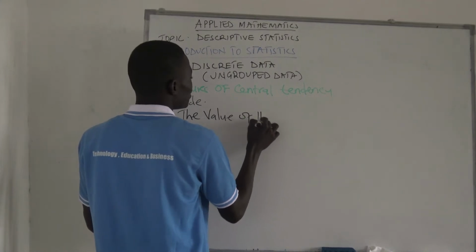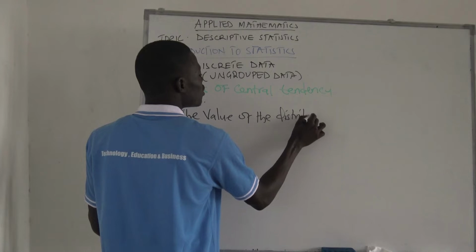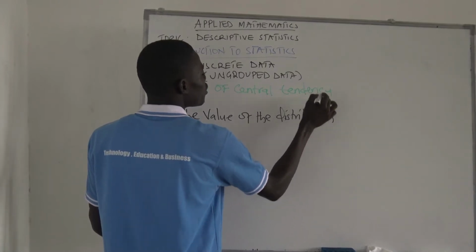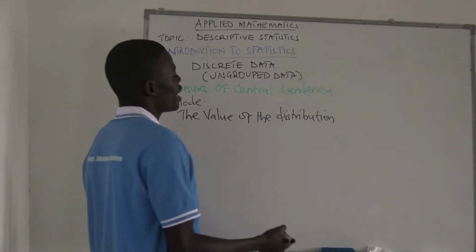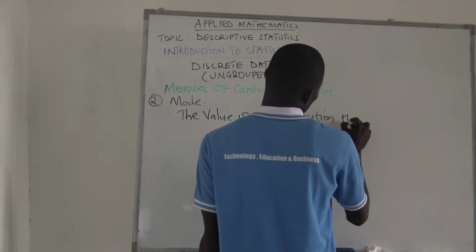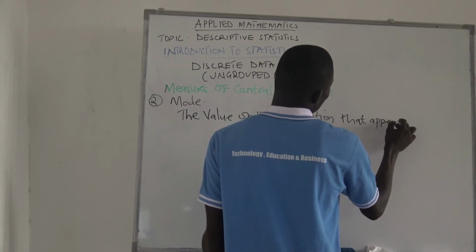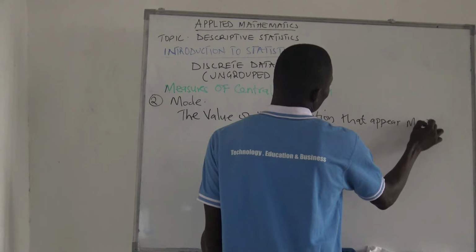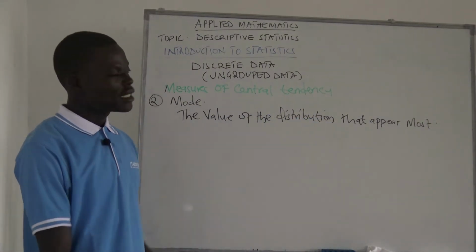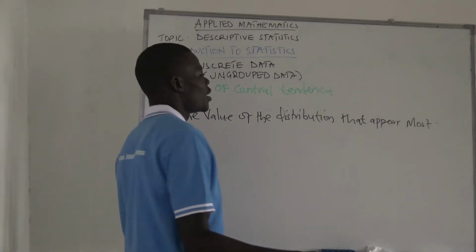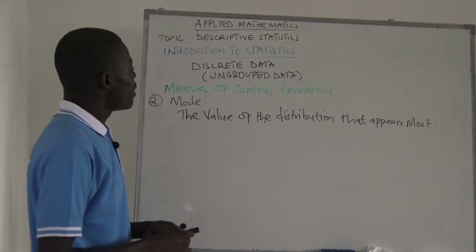Mode is the value of the distribution that appears most or that occurs many times.